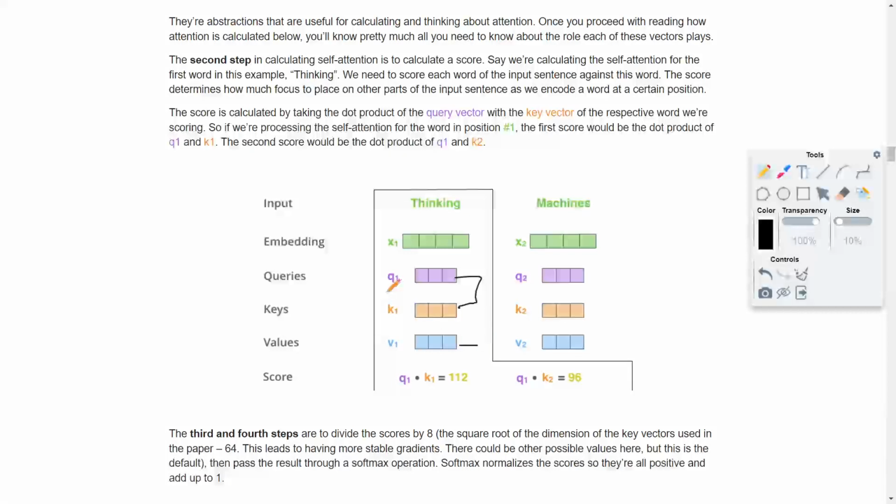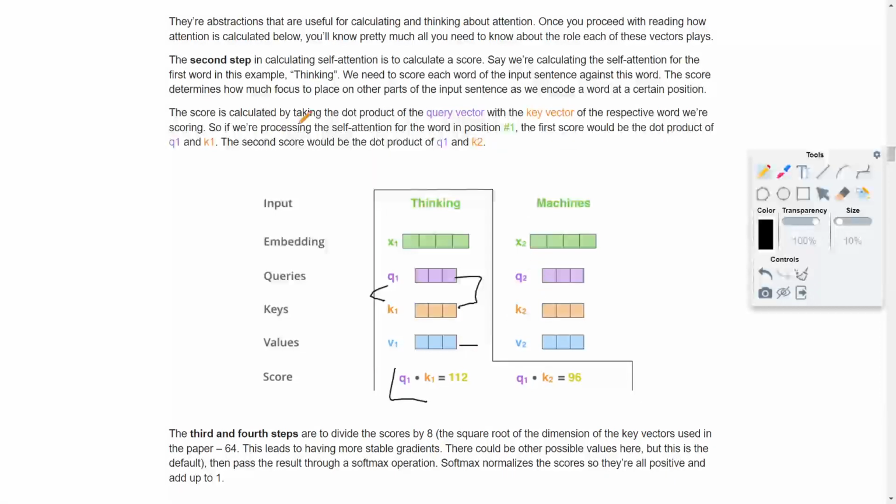If we multiply the queries with the keys, we get the score values. By score, what we are trying to depict is the reference of that particular word, that particular query with the key: how similar are they, or rather, what is the attention score for these particular keys and queries.